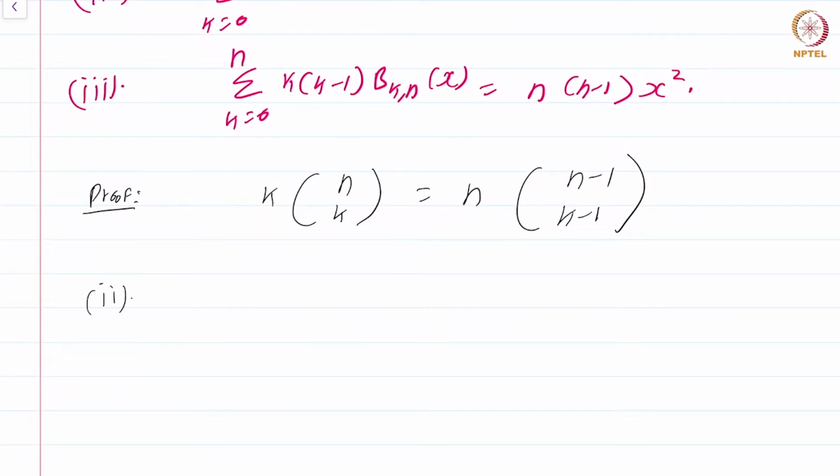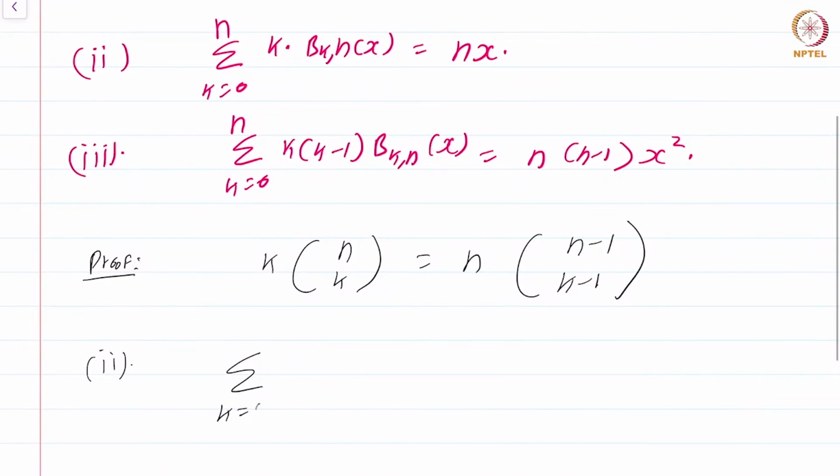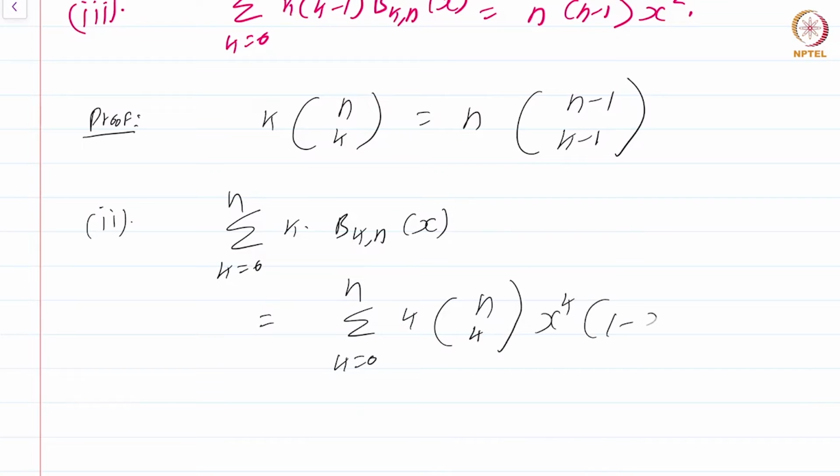Because the first part we have already seen a proof. So we have to consider summation k equals 0 to n k times b_{k,n} of x. We want to analyze this quantity. So let's just expand it out and write it as summation k equals 0 to n k times n choose k x^k (1 minus x)^(n minus k).